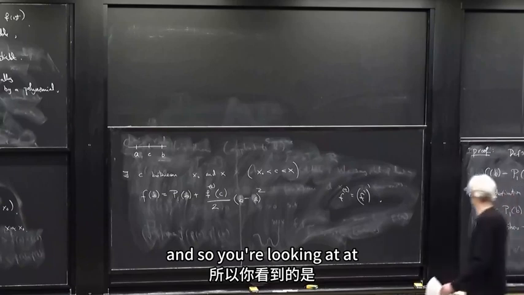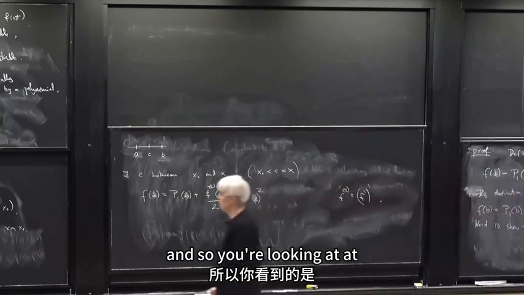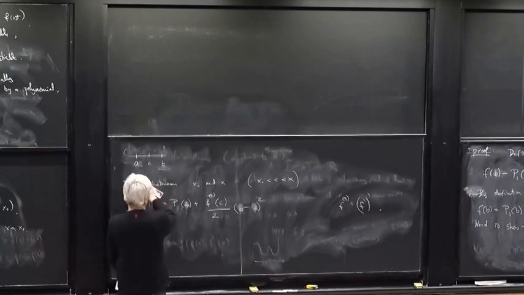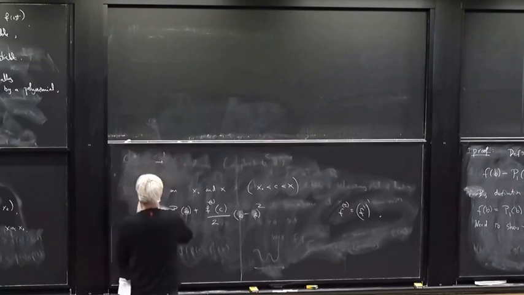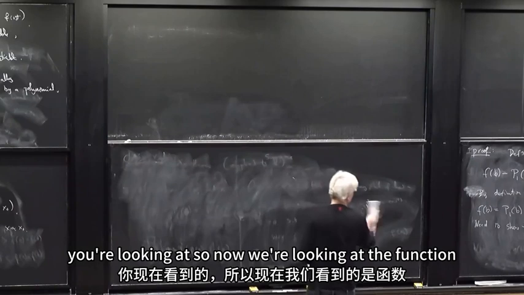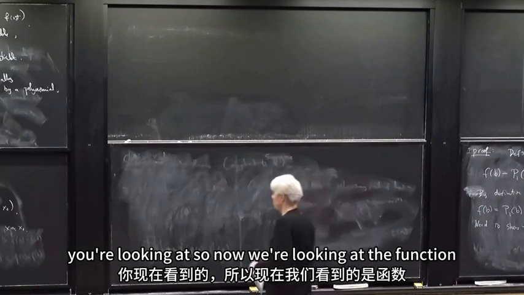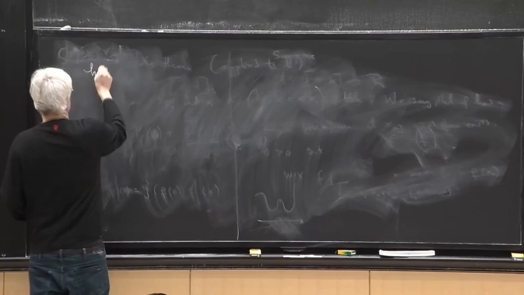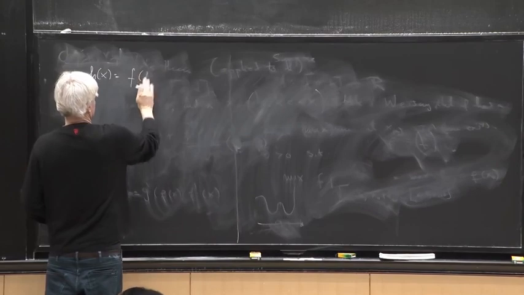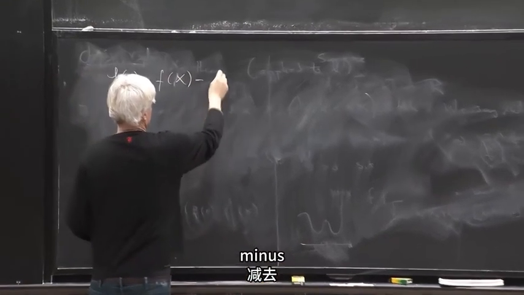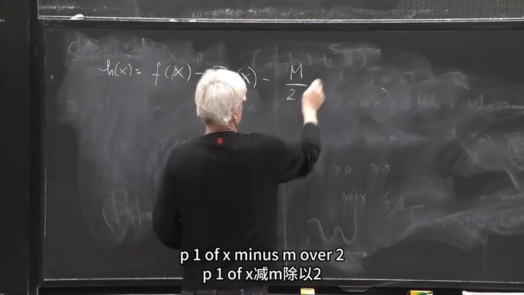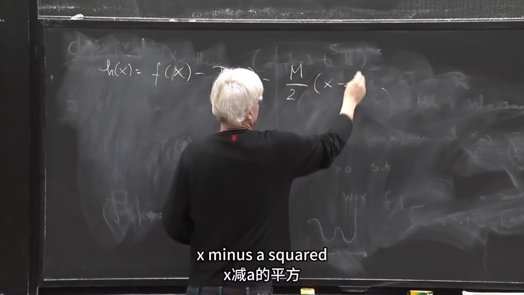So now we're looking at the function h of x equal to f of x minus p1 of x minus M over 2 times x minus a squared.